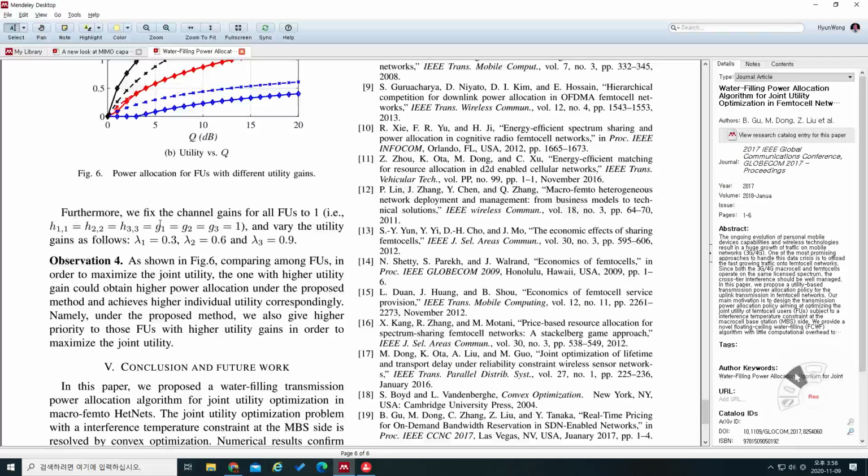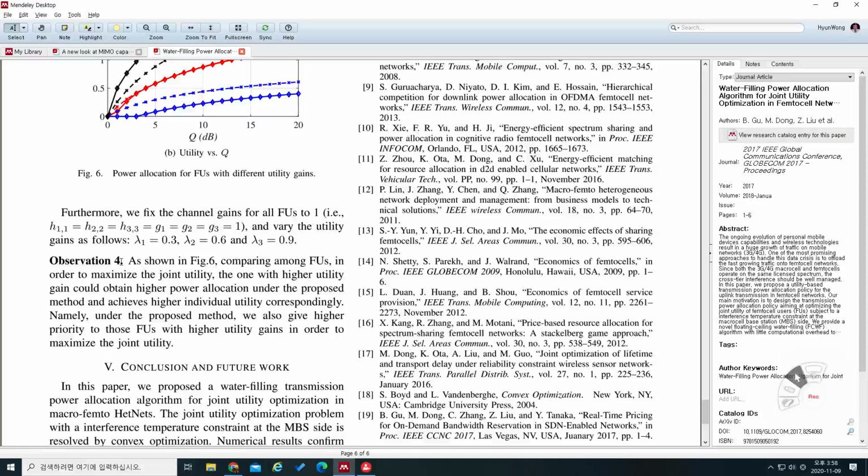Furthermore, we fix the channel gains for all FUs to 1. For example, H1, H2, H3, G1, G2, G3 equal 1, and vary the utility gains as follows: lambda 1 equals 0.3, lambda 2 equals 0.6, and lambda 3 equals 0.9.